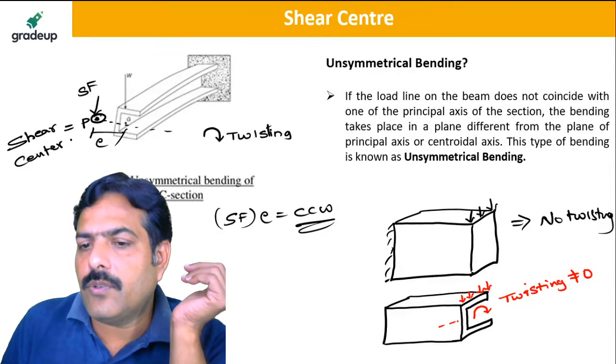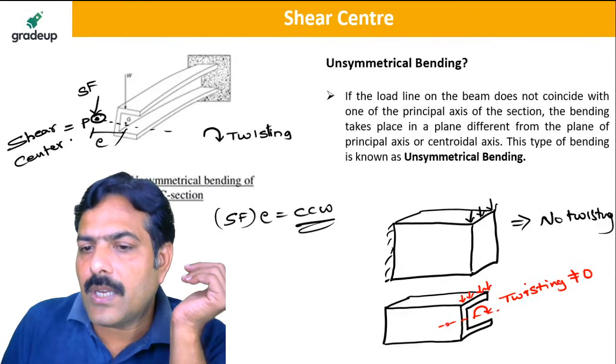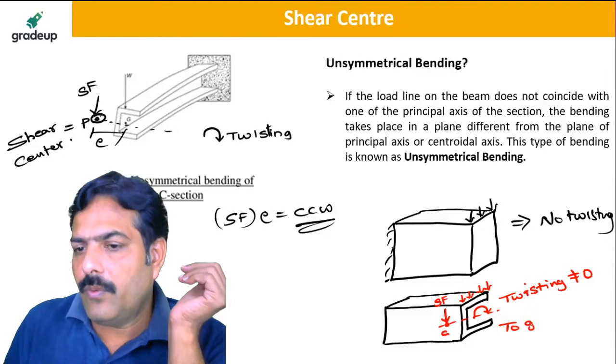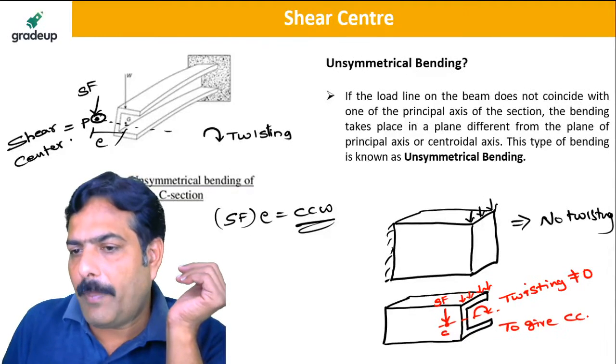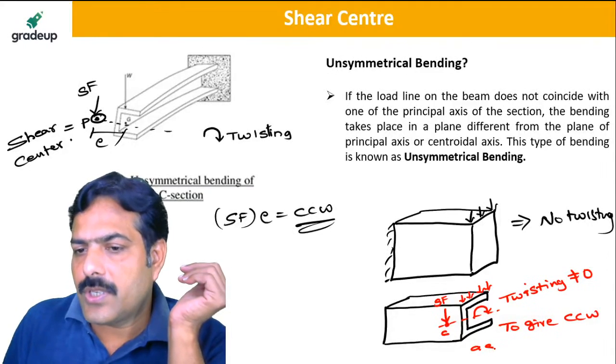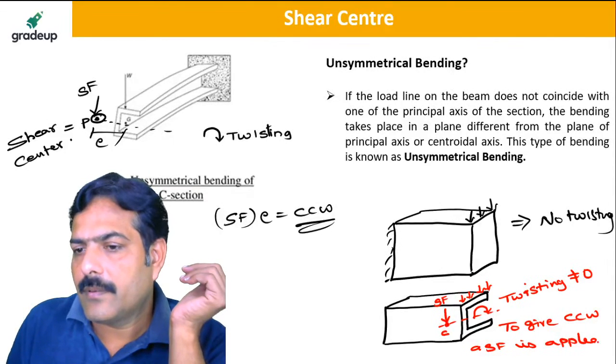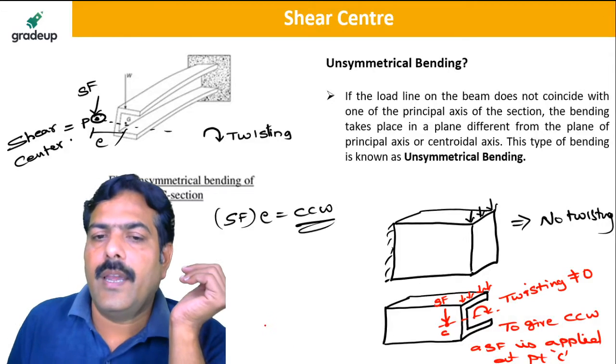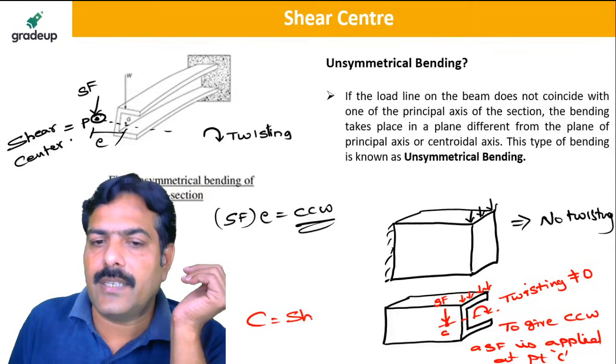So to avoid twisting, what do we do? Here we apply a force, which we call the shear force at point C. So to give a counterclockwise couple, a shear force is applied at point C, and C is called the shear center.